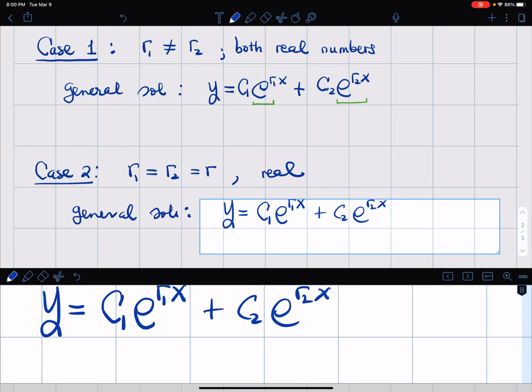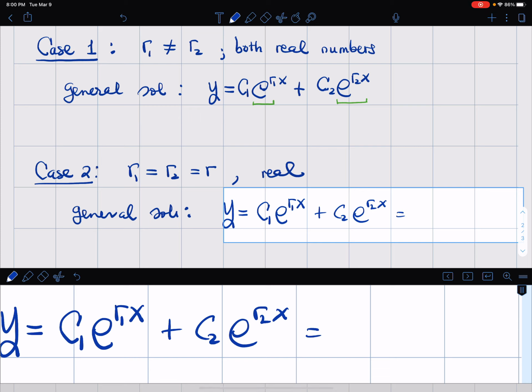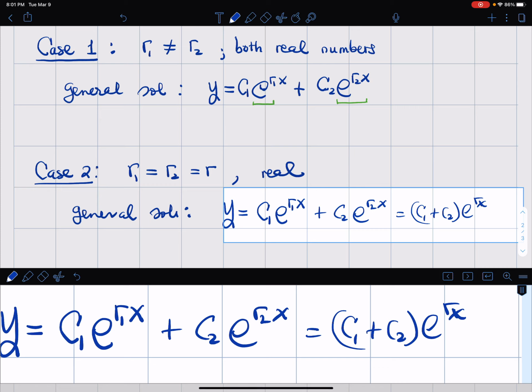But since r1 and r2 are the same thing, this just becomes c1 plus c2 times e to the rx, right? We don't want this because this is just one solution. We want two different solutions that are linearly independent, right? And then the general solution will become a linear combination of these two solutions that form a fundamental set, right?